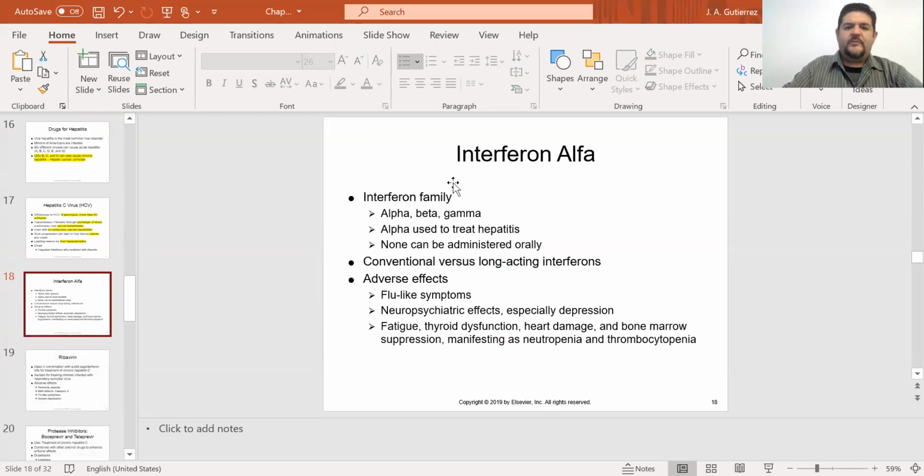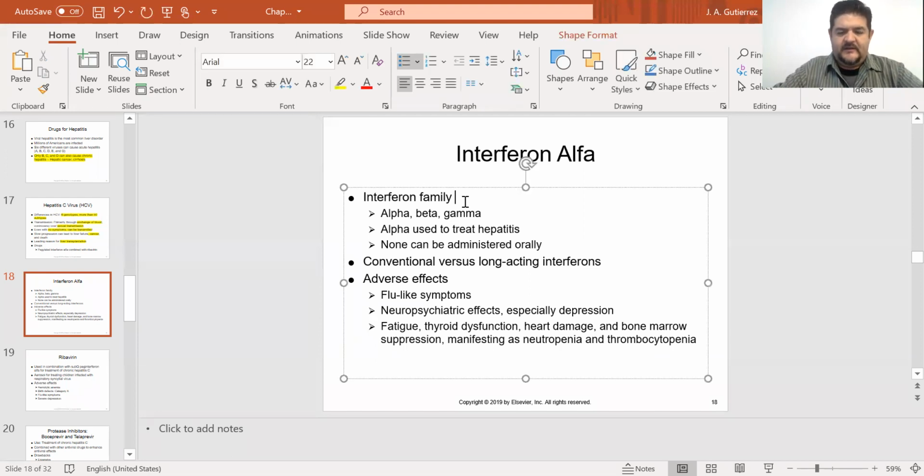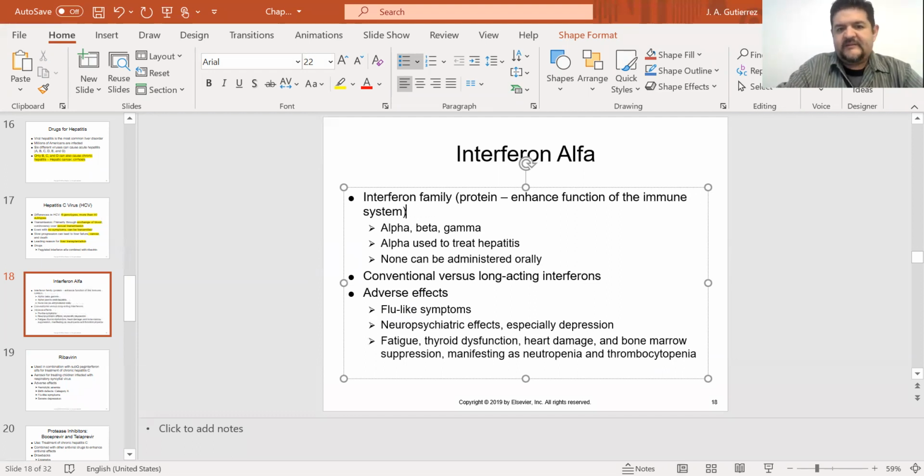So one of the main drugs that we give is interferon alpha. And basically, interferon is a protein that is going to enhance the function of the immune system. That's what it does.